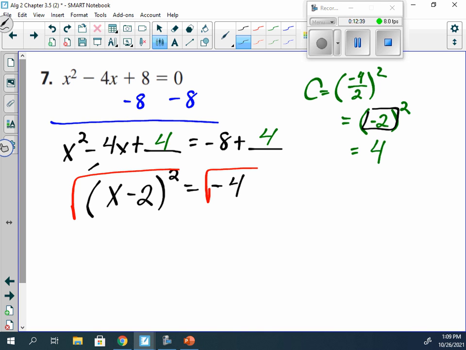On this side here, the square root and square would cancel, leaving us with x minus 2 is equal to plus or minus. Well, the square root of 4 would be 2. The negative would come out as i. So the square root of negative 4 is 2i.